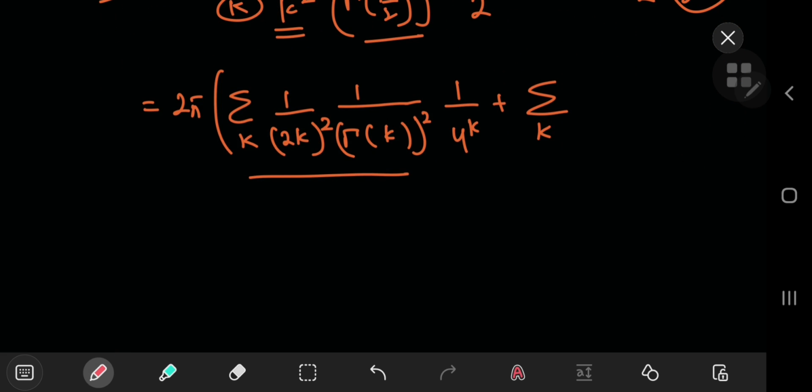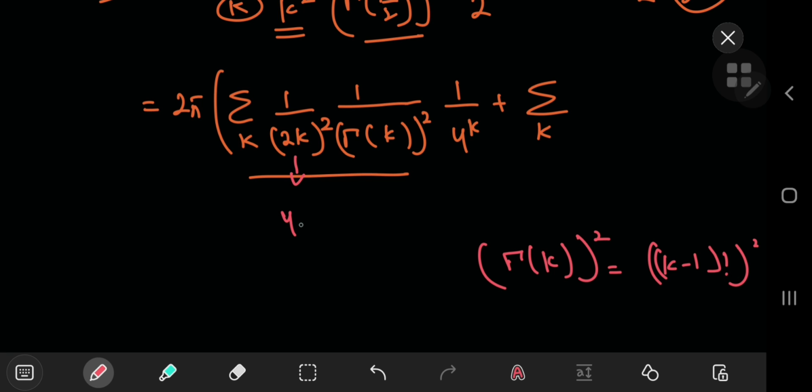So I have gamma k squared. Now this is just k minus 1 factorial squared, correct? And I have a 2k squared term, which evaluates to 4k squared. So 4 is just a constant, forget about it right now. If I multiply k squared by gamma k squared, I can take the k into the square term, because they're both being squared, right?